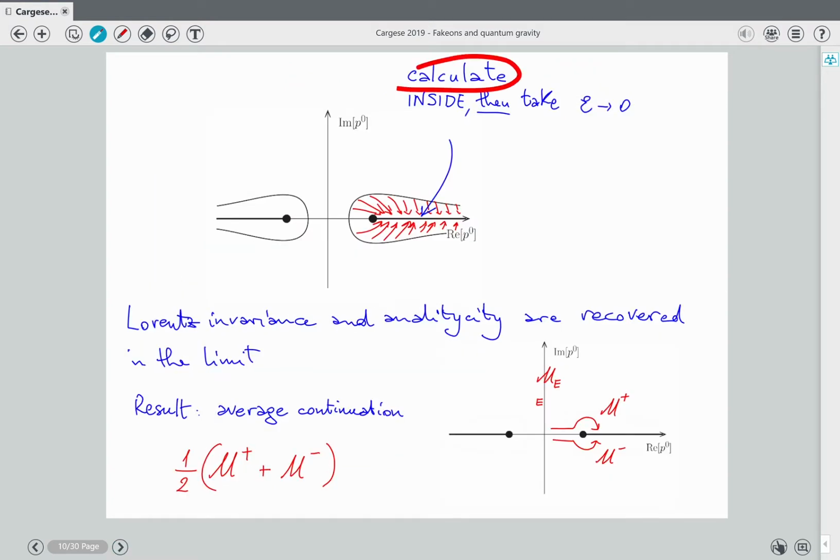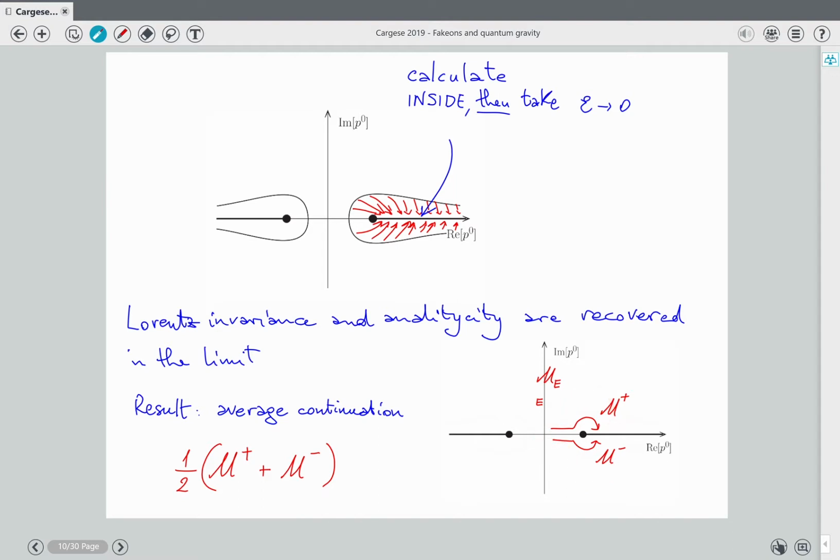So that is what you have to do. You calculate inside, take epsilon to 0, where the region shrinks, and you can prove a mathematical theorem that tells you that the result of what you get when you do this is actually very simple. It's an operation that I call average continuation, and it is exactly the arithmetic average of the two analytic continuations that you obtain from above and from below.